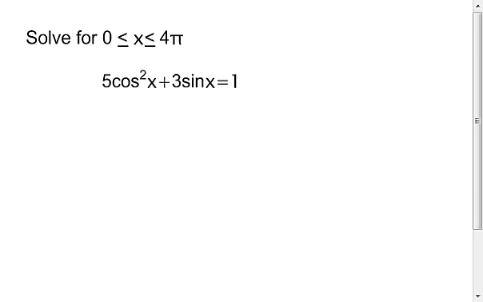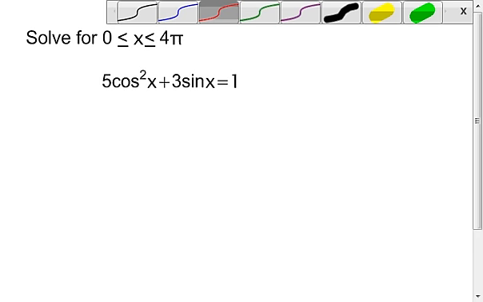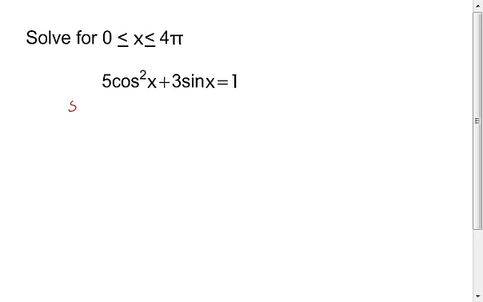Well, I know an identity that allows me to rewrite cosine squared, but I don't have one for sine x. But I do have one for cosine squared x. So what you do is you take this cosine squared and you rewrite it.